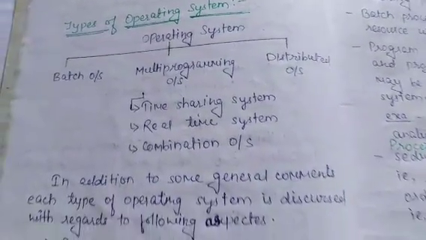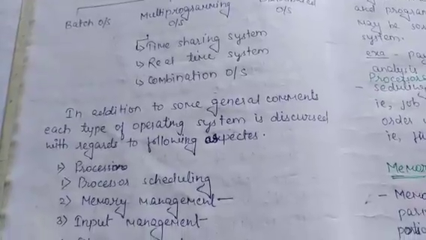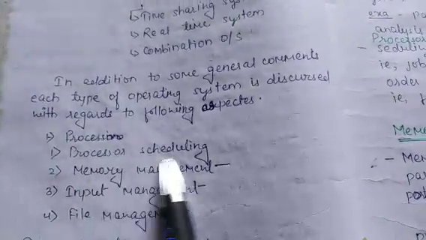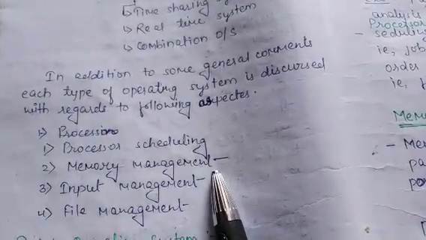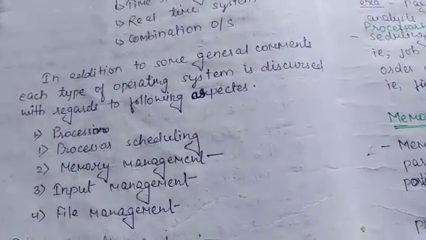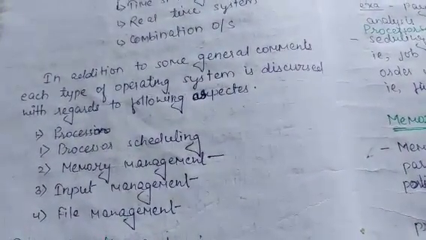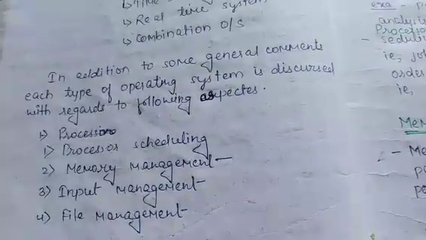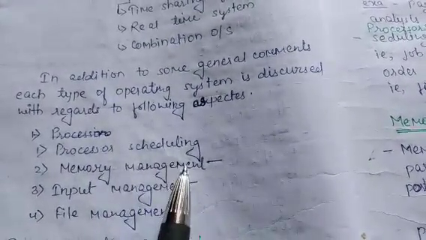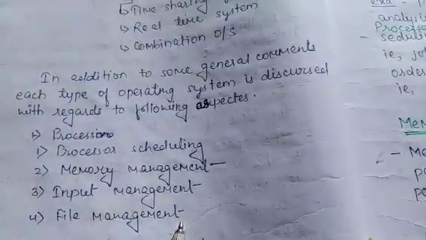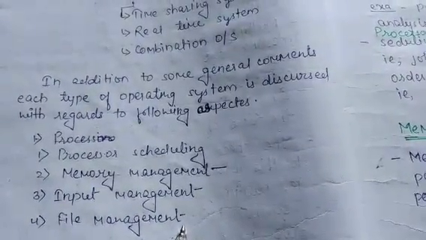But according to their processing scheduling, memory management, how memory management is performed by the operating system, and input management and file management, considering these four aspects, we can divide them.